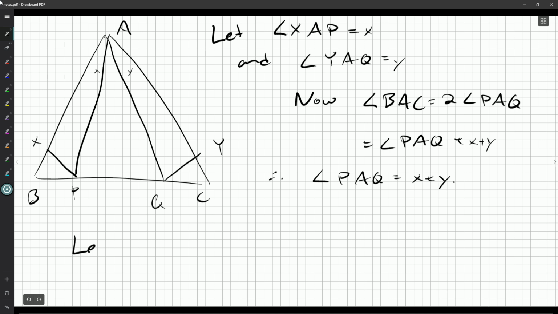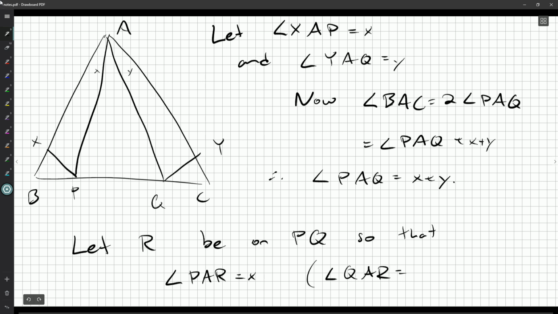So now we'll say let R be on PQ so that PAR equals x, and therefore QAR equals y. So now we've added in this line that I sort of wanted to make.